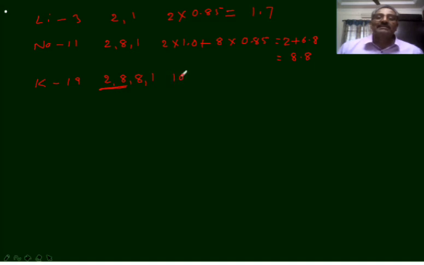So the screening constant will be 10 into 1.0 plus the penultimate shell has 8 electrons, 8 into 0.85. That is equal to how much? 10 into 1.0 is 10 plus 8 into 0.85, 6.8, that is equal to 16.8 for potassium. Next, rubidium.